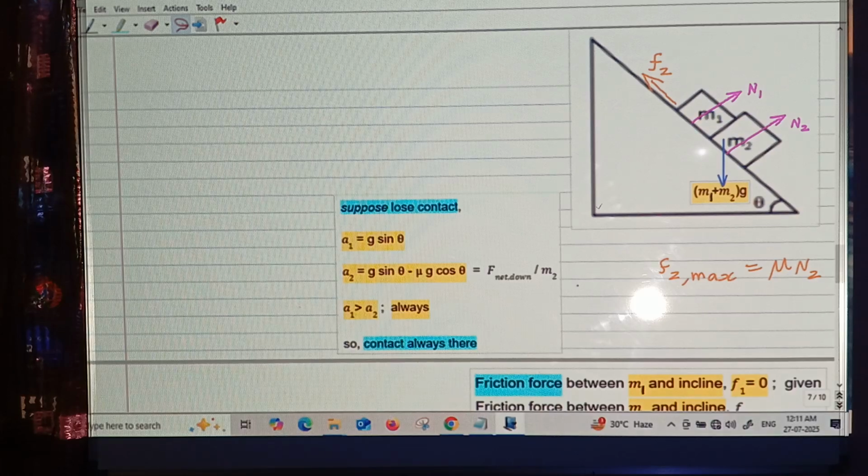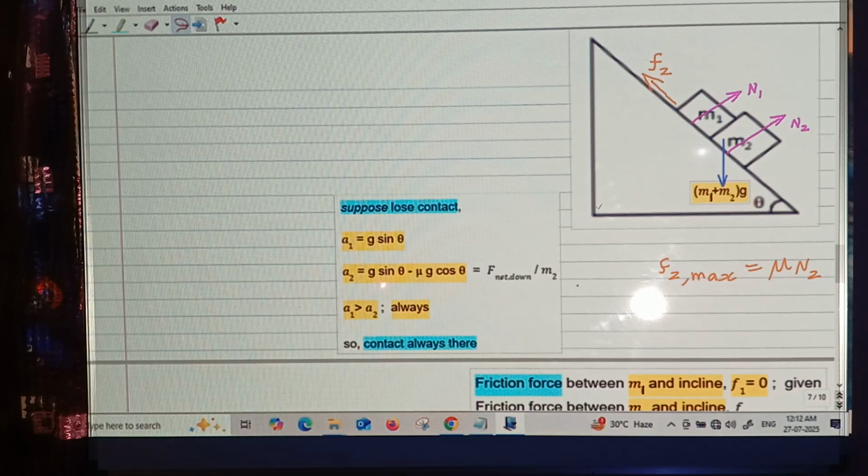That's given in the question, and this friction between block 1 and this plane is 0. So only there is friction here. So in this particular case, the contact will not get lost because the acceleration of the block 1 is g sine theta. Because there is no contact, there is no normal reaction. So the only downward force is the weight component, that should be mass times acceleration. So acceleration will come out to be g sine theta for the first block.